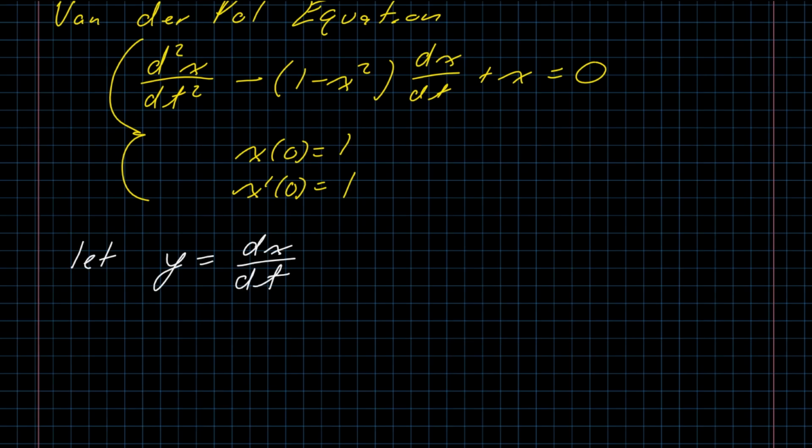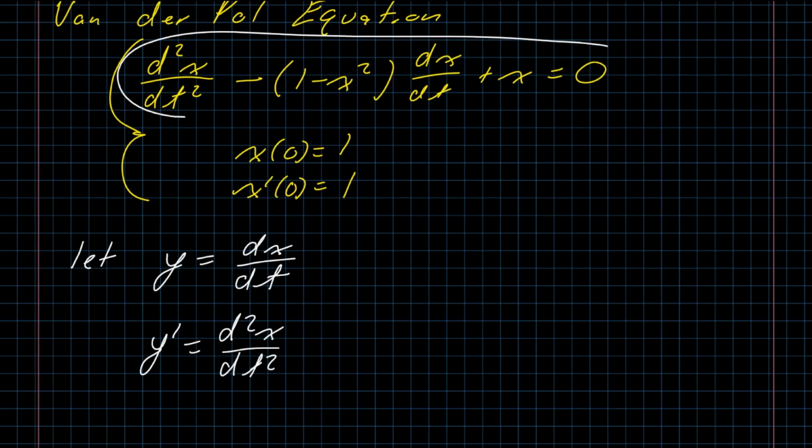If we let y equal dx dt, then y prime would be the second derivative. And we can take this equation and rearrange it.